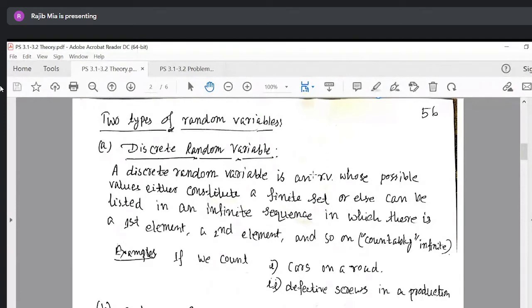That is, if we list the set of all possible values of random variable X, it should be either a finite set or a countably infinite set. Then we say that this random variable is a discrete random variable.